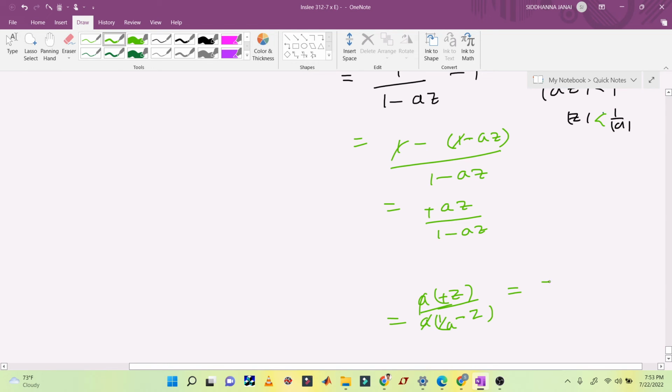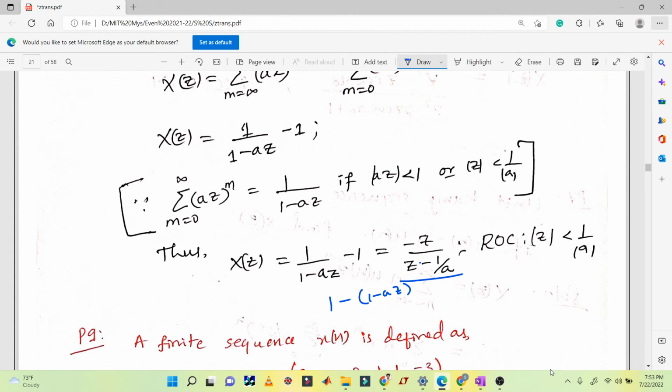So if I take this as minus z, if we consider minus as common, then it would be z minus 1 by a, and this minus we can place here, minus z divided by z minus 1 by a. So this is the answer for the sequence.